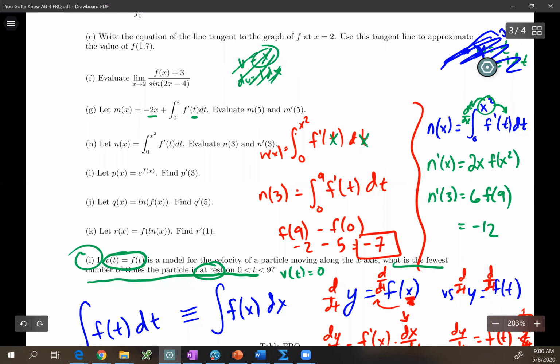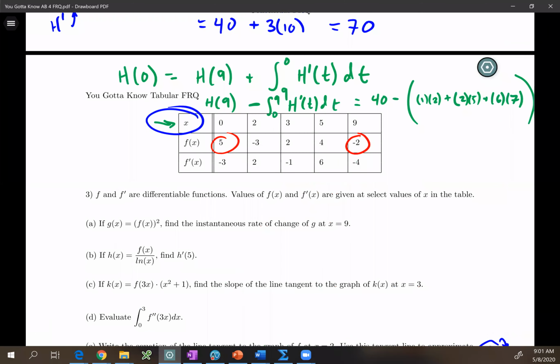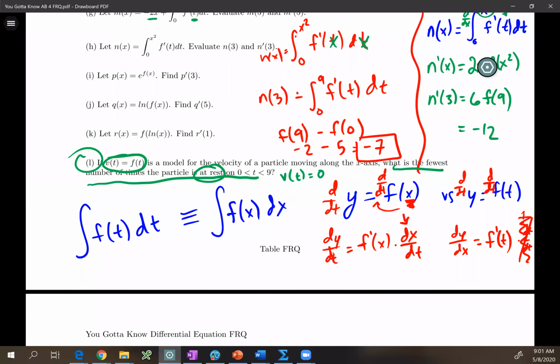There are two ways to think of this. We can think, where does it change direction? Or an easier way is just with IVT, because we have V of t and we want V of t equals 0. So just be careful about that. The fewest number at rest would be the same thing.